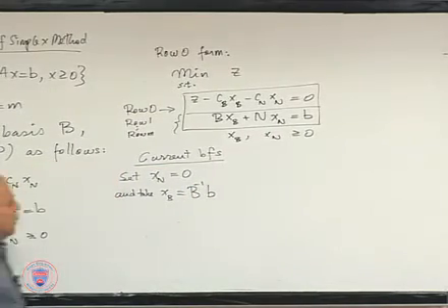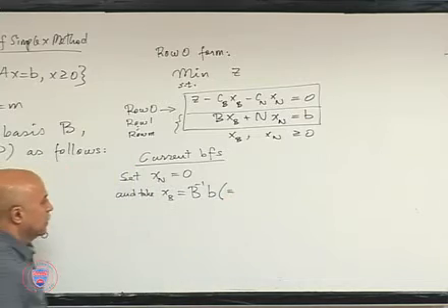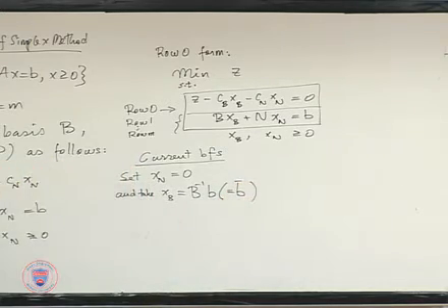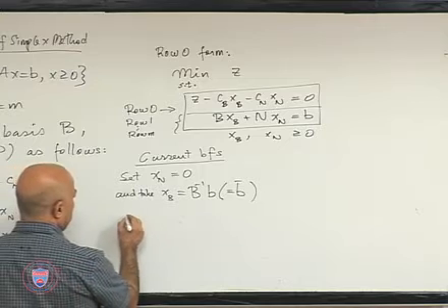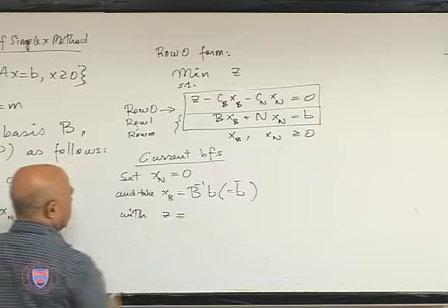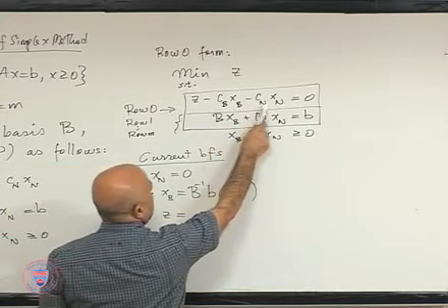Okay? And I gave a name to what you see on the right side. We call this the modified version of b, which is b bar. Okay? That's the notation used in your book. So let's just stick to that. And the objective function is also defined by this. z is equal to CB XB plus CN XN.